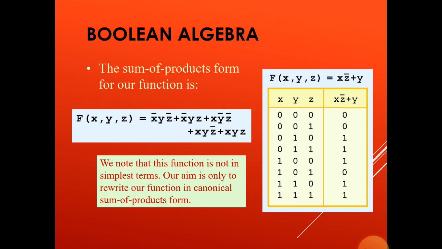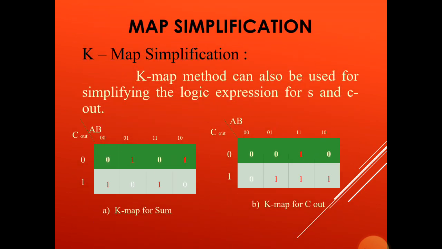So f of x comma y comma z can be written as a sum of products, that is minterms. 0 0 0 is A bar, B bar, C bar, up to 1 1 1 which is A, B, C. Sum of products is nothing but the terms related with minterms, while max terms are products of sums.